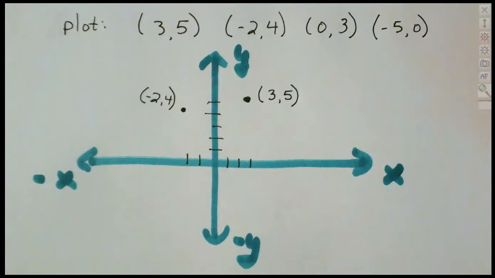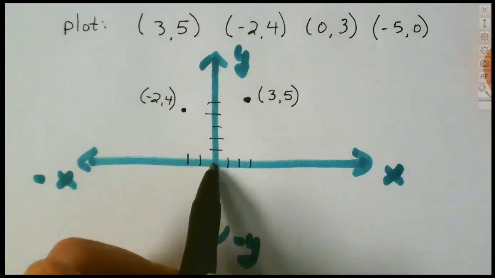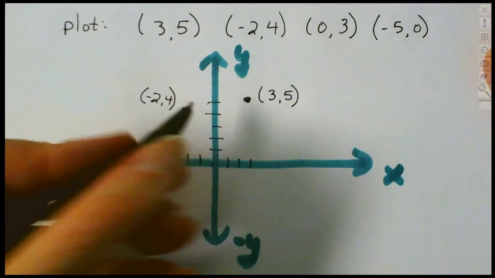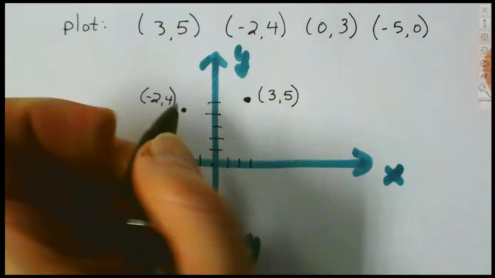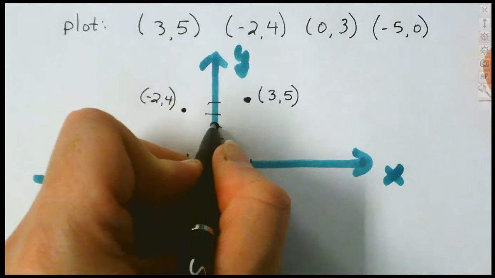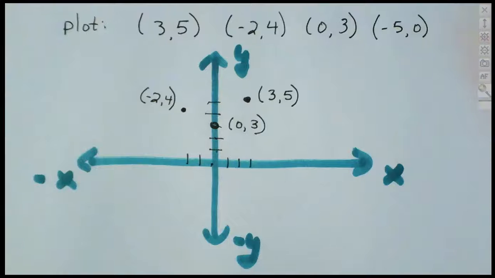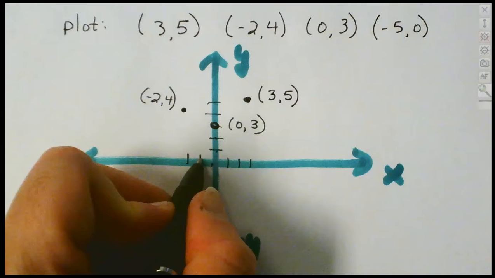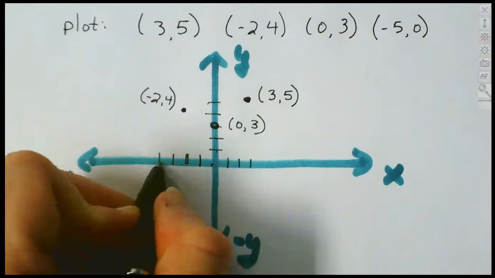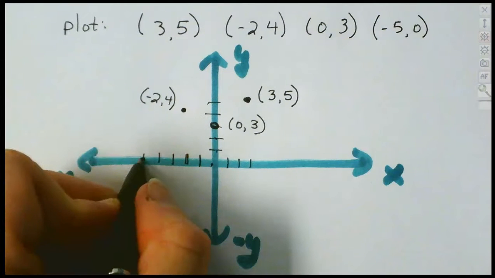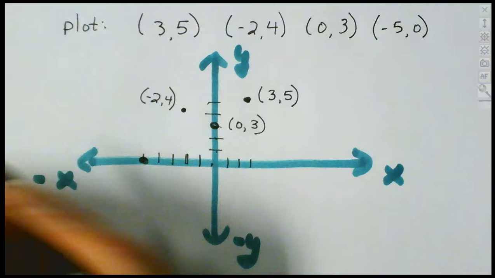0, 3 is going to be at 0 on the x-axis, and then we're going to go up 3. So 1, 2, 3. So 0, 3 is right there. And then finally, -5, 0 would be back 5 units and still staying on the x-axis.